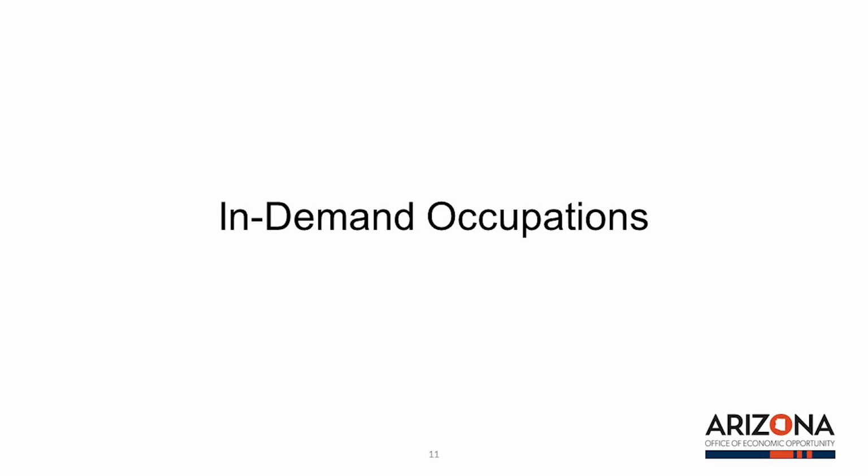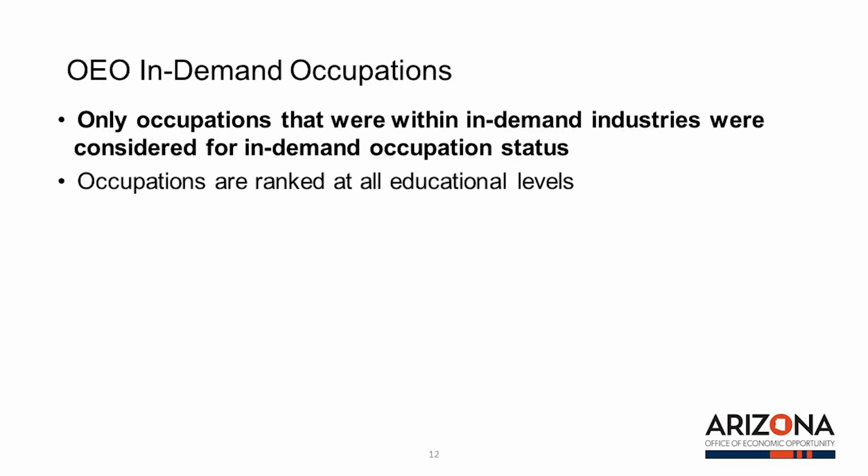So I'll show you and explain how these are ranked so you can know how to interpret it. Only occupations that are within the in-demand industries were considered for in-demand occupation status. There definitely is a connection between the industries and the occupations. It's not random or anything like that. There is a relationship there.